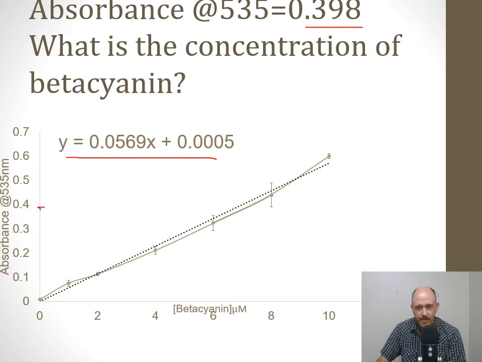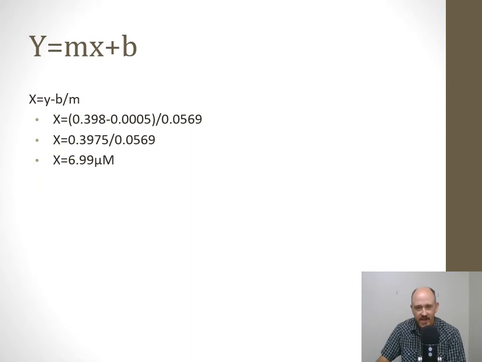The best way to solve this is that, since this is the y-axis, we put 0.398 in this equation for y, and then we solve for x. So this is the x-axis down here. X is beta-cyanin concentration. So we simply set up the equation, x equals y minus b over m, and we solve the equation, and we get our answer. X is 6.99 micromolar concentration.